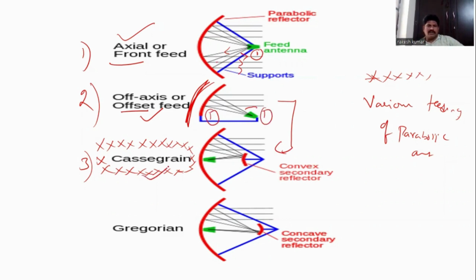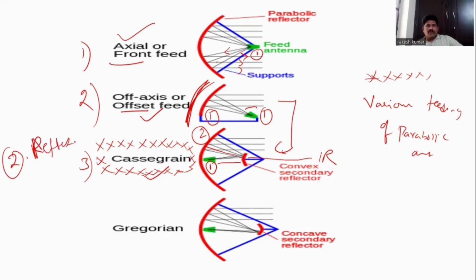Whereas coming to the Cassegrain, this is your primary antenna. First the rays will fall on the first reflector. This is your first reflector. Again the waves get reflected and fall on the second one. So totally how many reflectors are in Cassegrain? Two reflectors are there.